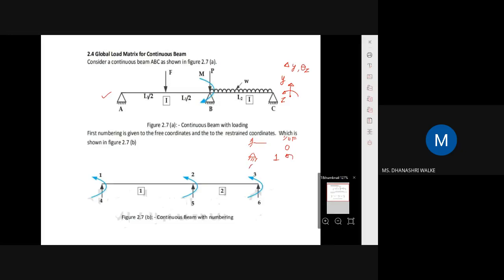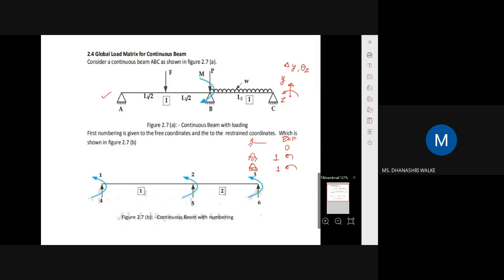Also in a roller support, again it is restrained in the y direction, so there is only rotational displacement along the z direction. So in case of a beam, a fixed support has degree of freedom 0, a hinge support has 1, and a roller support also has 1, the rotational displacement.